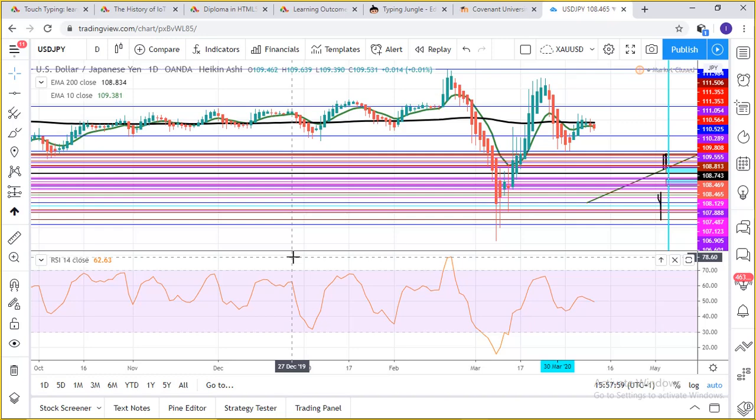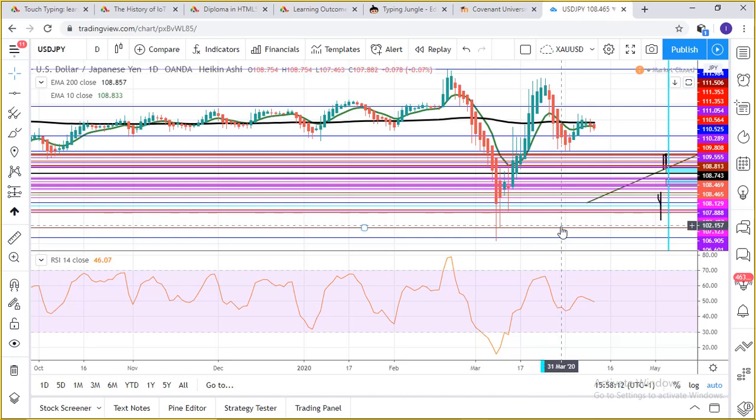It's going to come back right there. I expect us to at least get all the way down to this point. Oh, we have a long sell to do on this particular price. This pair, we have a long sell to do.